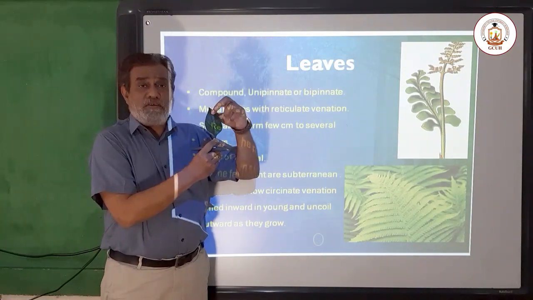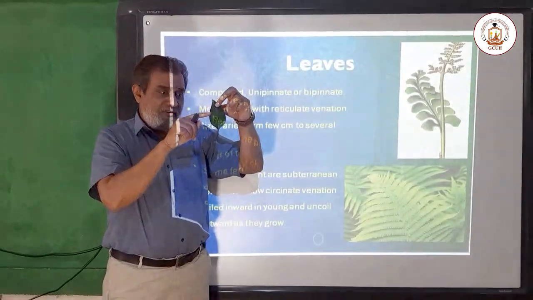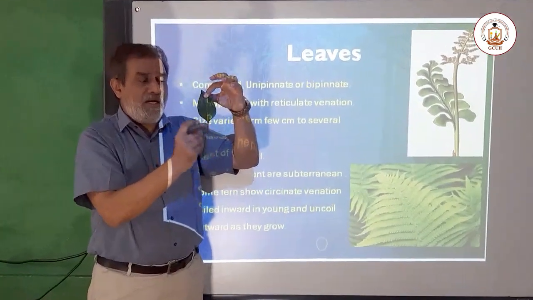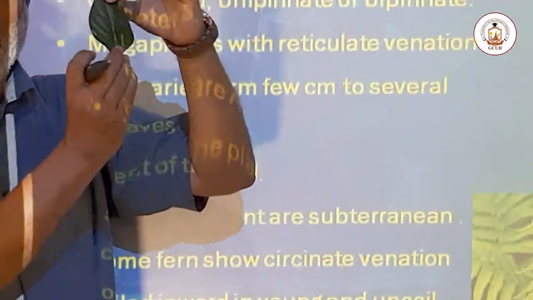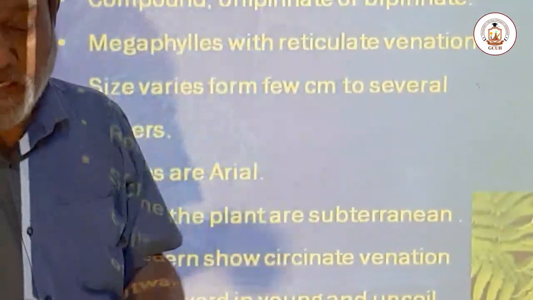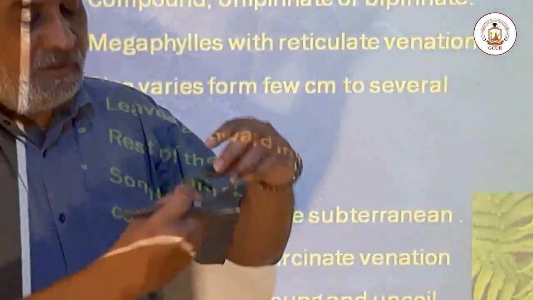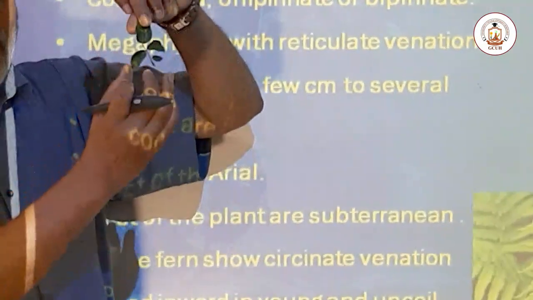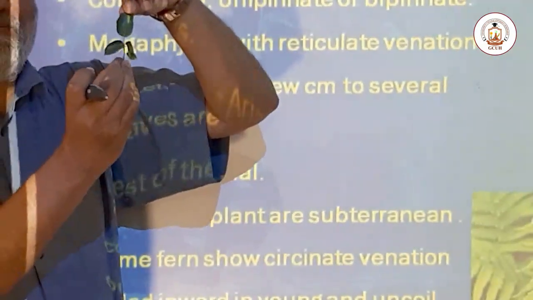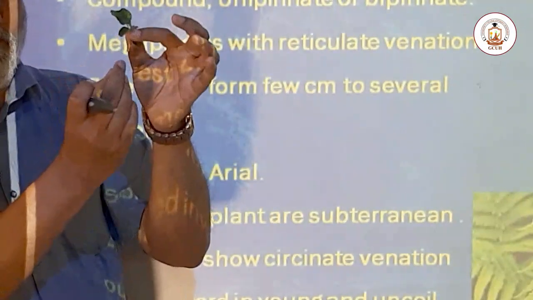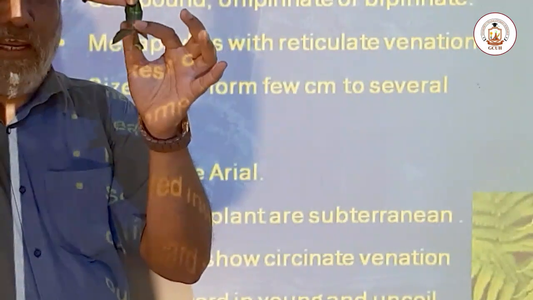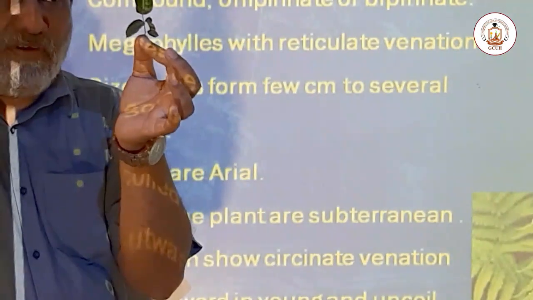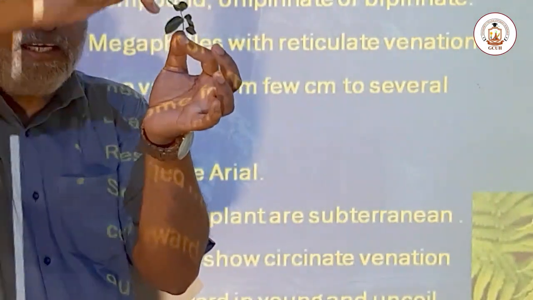This is a simple leaf, where the leaf has one single lamina. The lamina is not divided into a number of leaflets. Here, it is one leaf; don't consider it a number of leaves. It is a single leaf. The stipule is present at the base of it. This is the apex of the leaf. But in the compound leaf the lamina is divided into a number of leaflets.